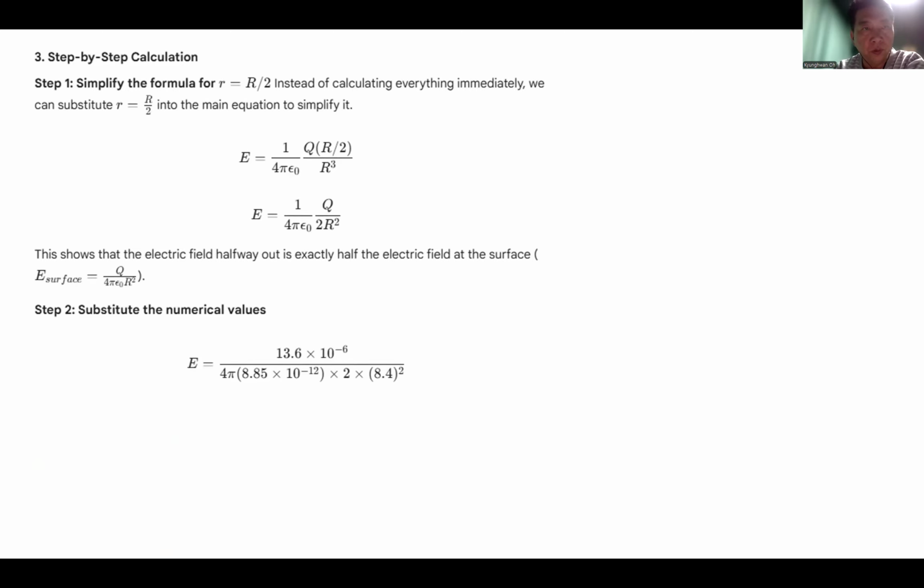And then we need to find the electric field at this position specifically, and plug in r equal to R over 2, and you end up with this simple formula. We know what Q is, we know what the capital R is, and then you can find the electric field.